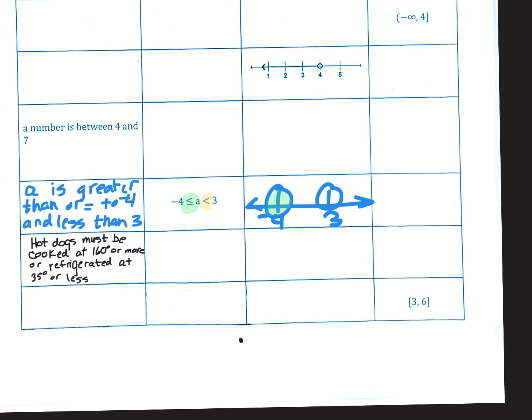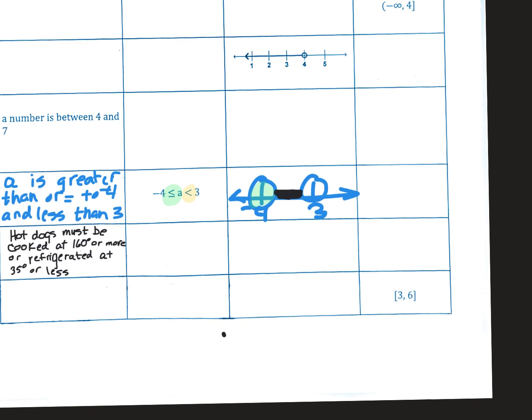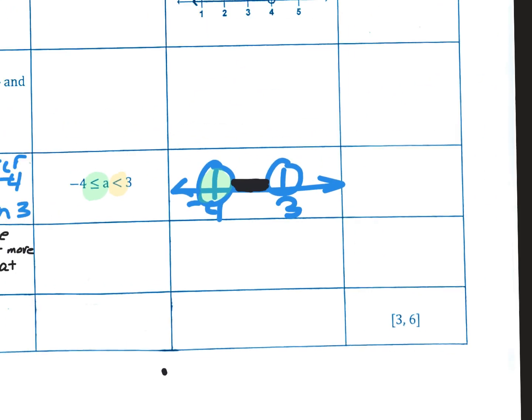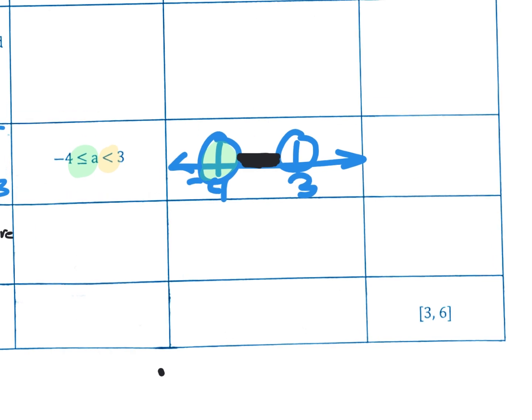Okay? We still have to establish the fact that any number in between -4 and 3 could also work. So I'm going to color right in between, and I know that's ugly. That looks really weird. No, sir.